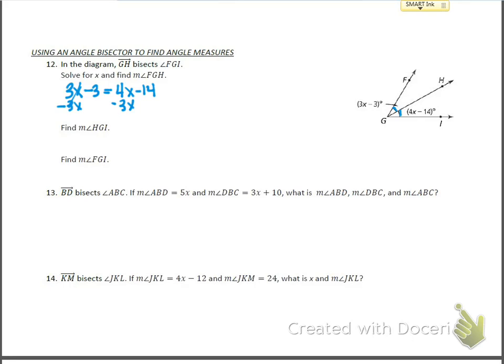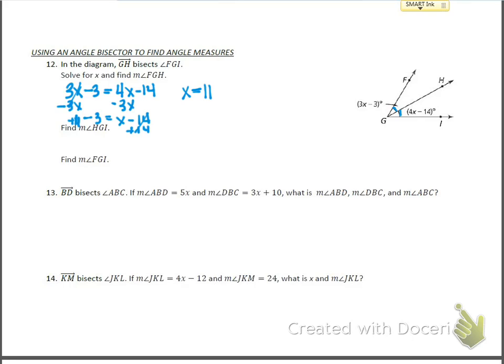So if you decide to subtract 4x, you just have to make sure that you keep x negative, okay? So as long as you are showing your work and I can follow your work, you are fine. So that gives me negative 3 equals x minus 14. Add 14 plus 14. So we get x equals what?